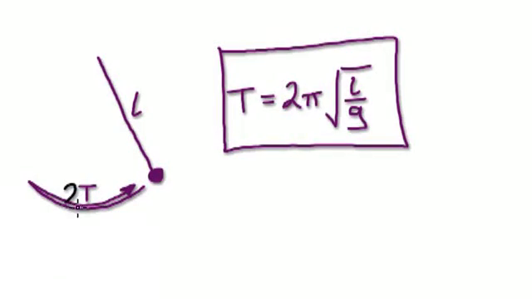But now I want the period to be twice as long. What should I do to the length of the string? Should I increase it by 2? Should I increase it by 3? Or should I square root the length? What if I want the pendulum to take twice as long? What should I do to the length of the string?